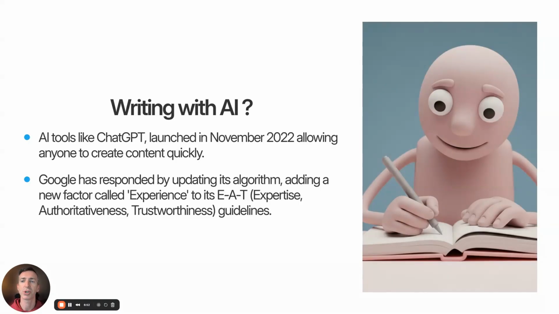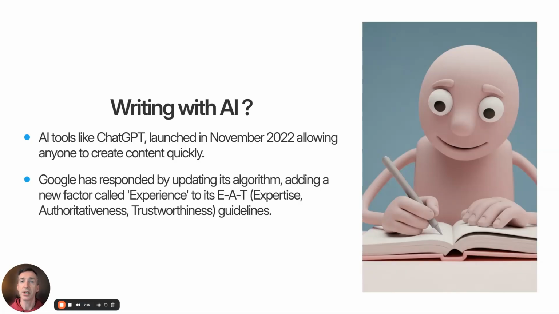And Google responded very quickly. Actually, it was within 6 weeks, and it added a new factor to its algorithm called experience. So it already had an algorithm called EAT, expertise, authoritativeness, and trust. And Google added experience to that.